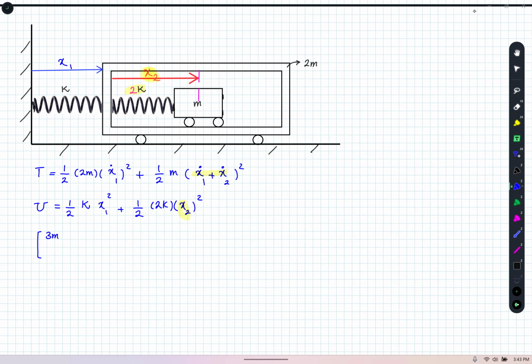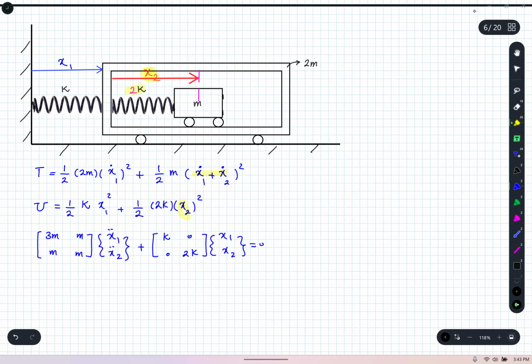Here, the equations we got: 3m, m, and m, x double dot 1, x double dot 2, plus k 0, 0, and 2k, x1, x2 equal to 0.